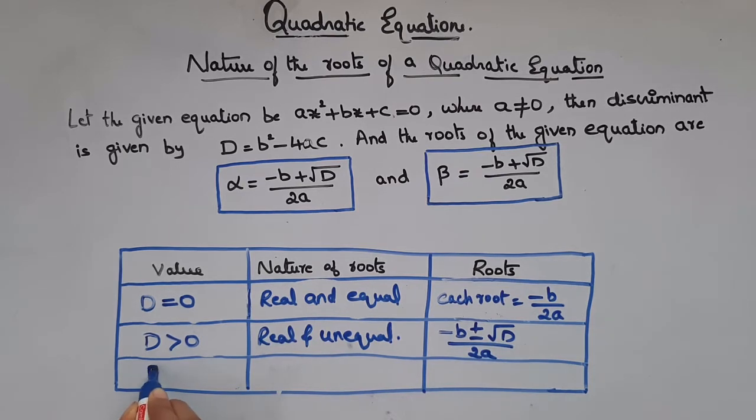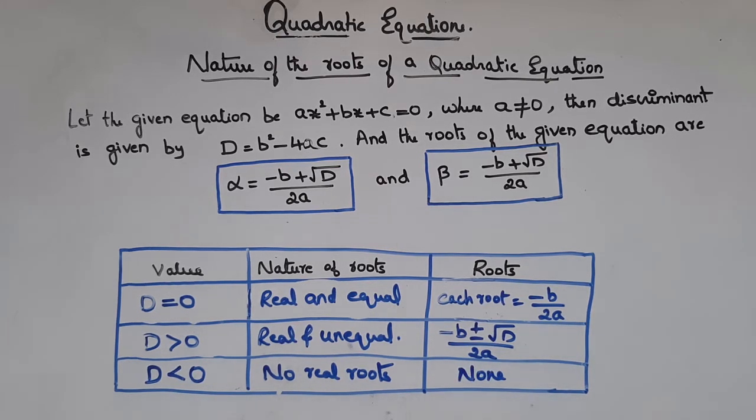And if your d is less than 0, that is the negative values, there are no real roots. So they don't have any roots, that is none. We'll see this in the problems.